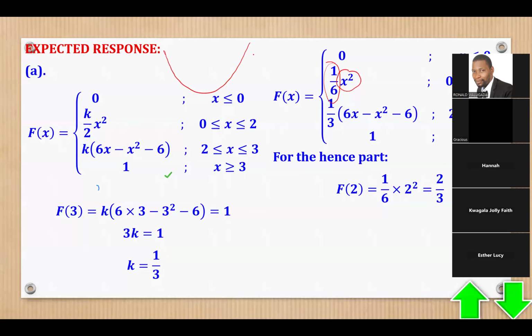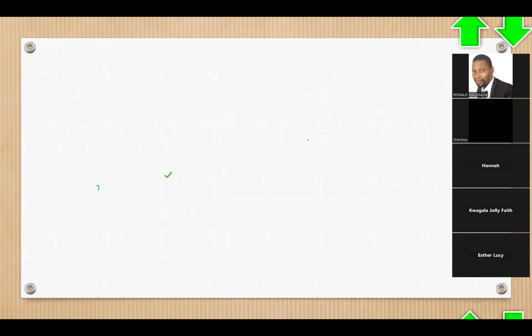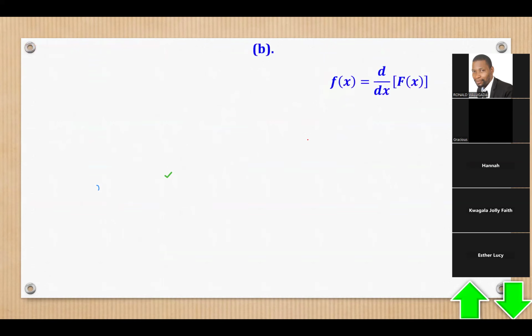Then this one, the coefficient of x squared is negative, so it must be in this form, like that. That is the knowledge you're going to use to sketch. We don't need the details of turning points; what we need to know are what we call standard curves. With that understood, we can now come and sketch.